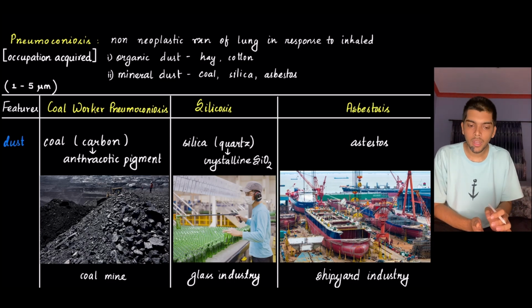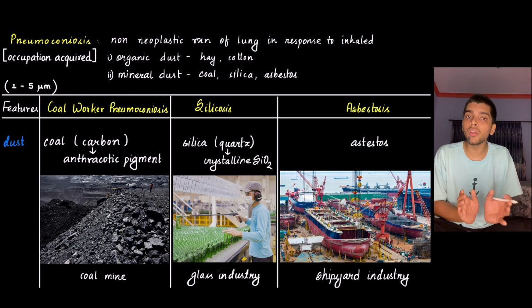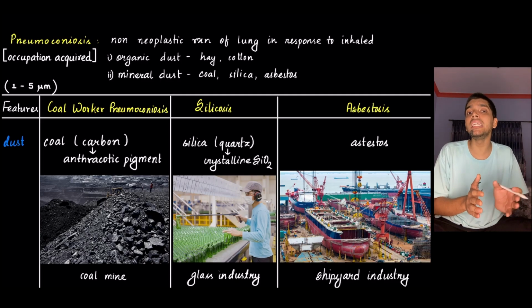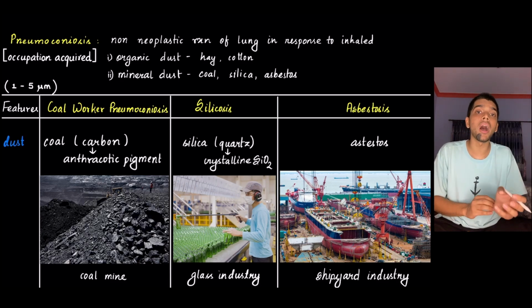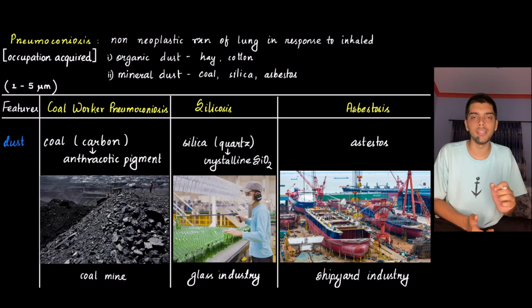That is because all the pathologies related to lung are acquired by the person working in a particular setup. As I said earlier, the miner working in a coal mine is continuously exposed to coal, leading to pneumoconiosis. So it is acquired from his job as a coal miner. So it is an occupation acquired disease.